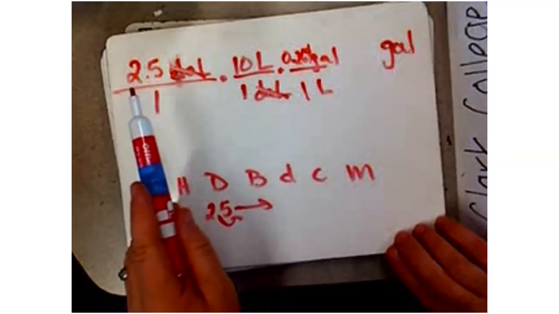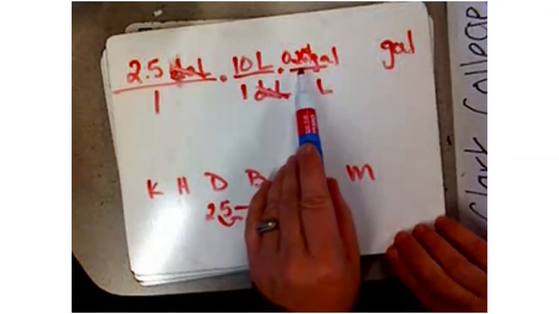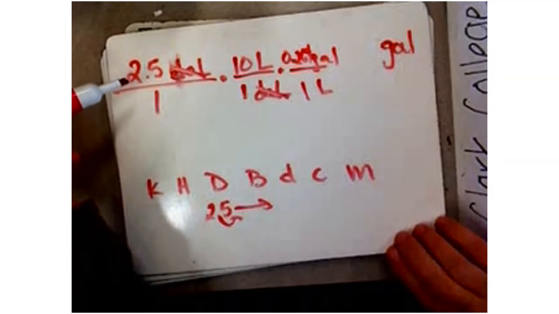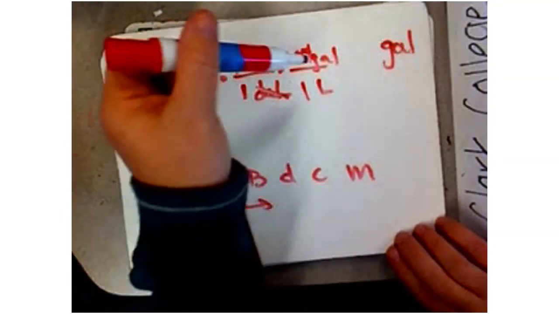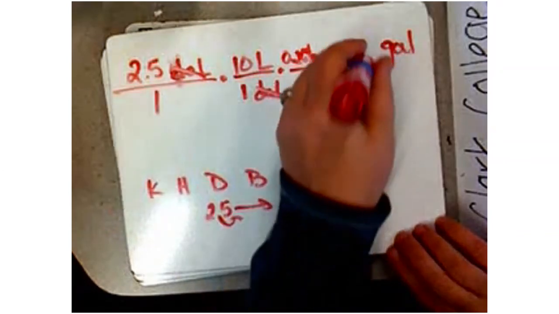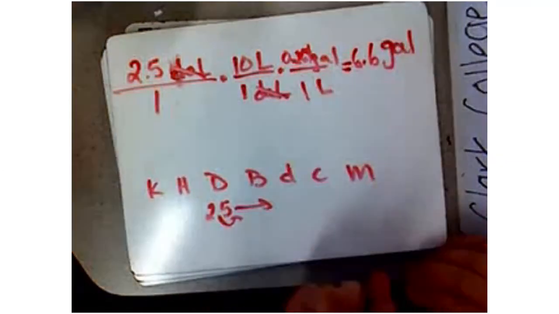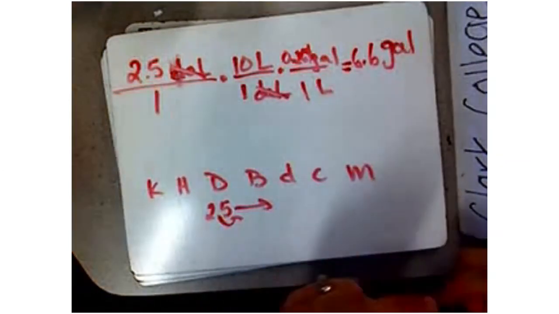So you're going to multiply 25 times 0.264, or in your bridging, 2.5 times 10 times 0.264, which equals 6.6. That would be 6.6 gallons, approximately.